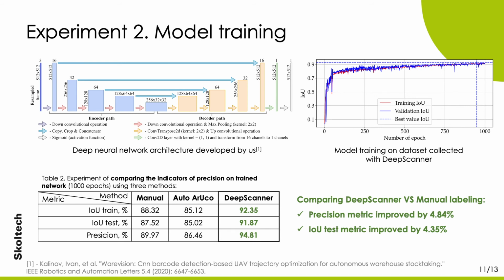The comparison results of three approaches for the selected metrics are presented in the slide. The result obtained using the proposed approach demonstrates high values of intersection over union and precision. The precision of 94.81%, in comparison with the indicators obtained earlier, is an indicator of the increase in accuracy due to the new data collected using our automated approach.